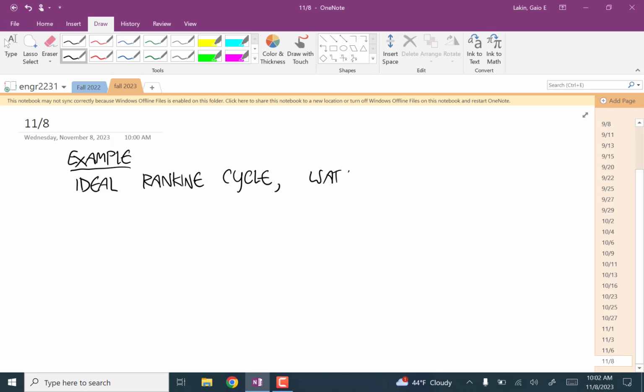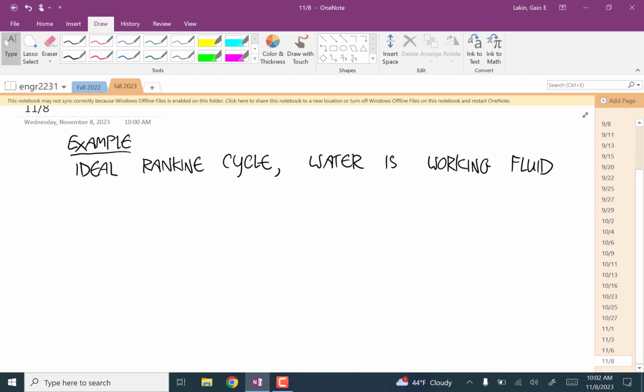And water is the working fluid. A saturated vapor enters the turbine at 8.0 megapascals.